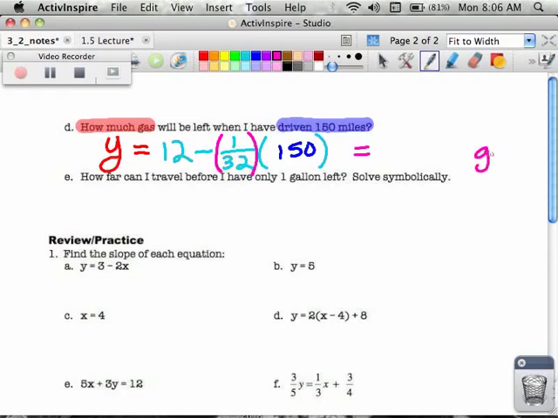And your answer will be in gallons of gas when you're finished. So 12 minus parentheses 1 divided by 32 parentheses times 150. 7.31. 7.31 gallons to the nearest 2 decimal places.